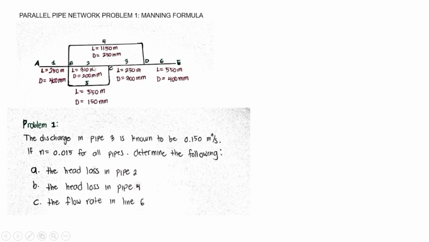The head loss in pipe 4 is just equal to the head loss in pipe 2 plus pipe 3. And to solve for the flow rate in line 6, the flow rate in pipe 4 plus pipe 3 is just equal to the flow rate in line 6.